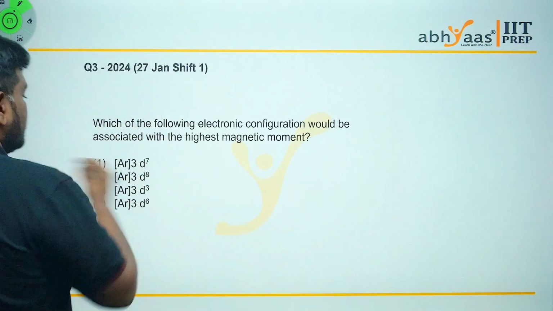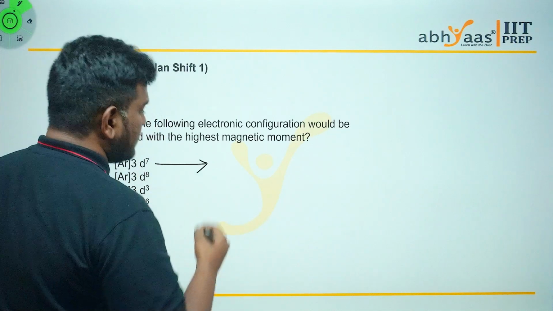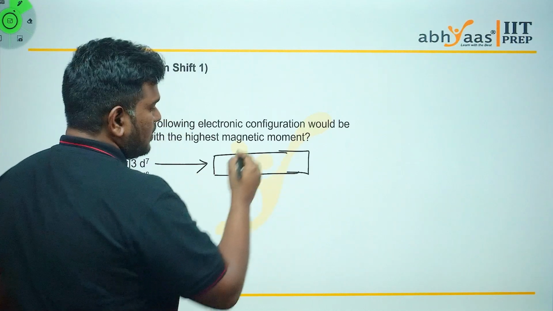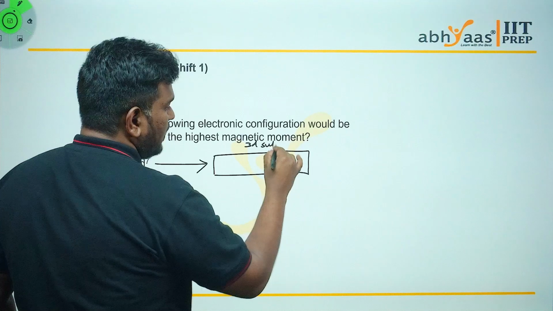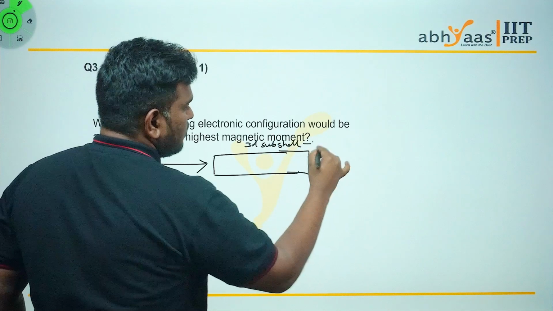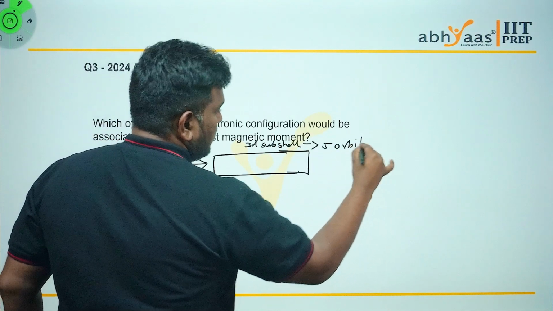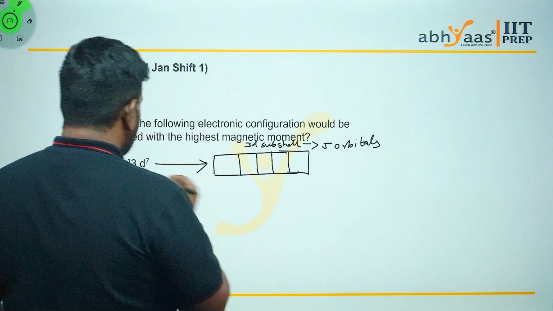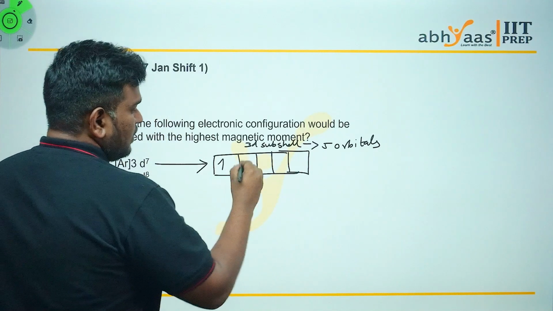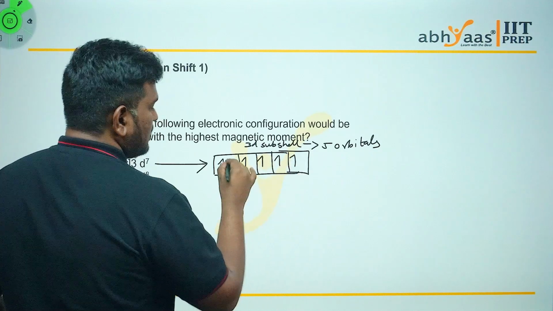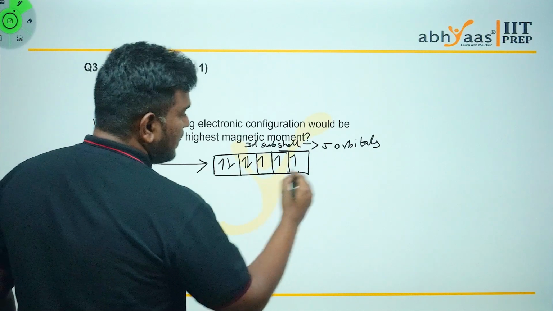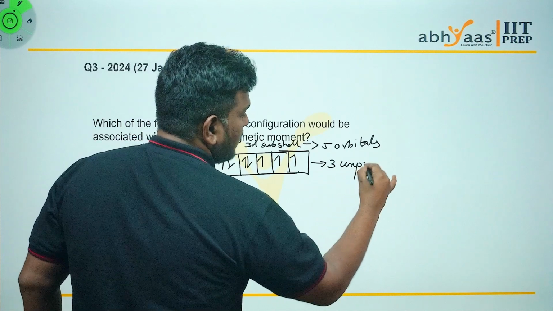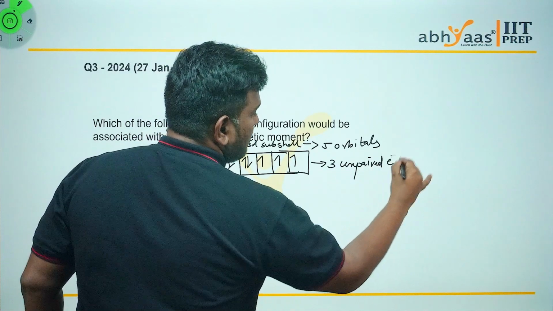So you can write here, it is 3d7. 3d7 means you will have 5 orbitals for the 3d subshell, right? 1, 2, 3, 4, 5. So 3d7 means there will be 7 electrons filled. That means there will be 3 unpaired electrons.